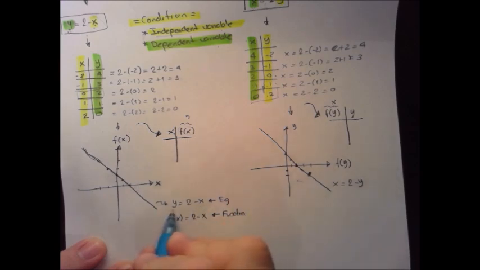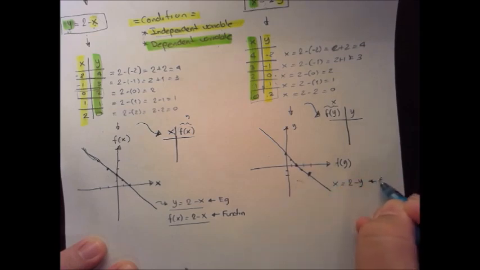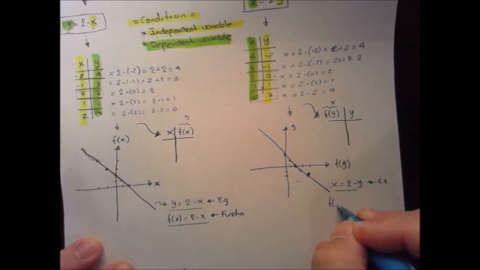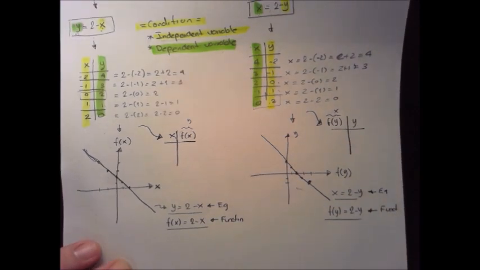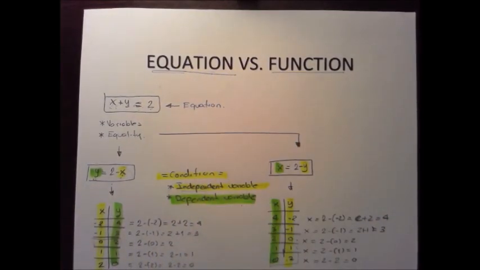This is the difference. This is equation, this is a function. Here is going to be the same. This is like an equation, okay, and this is like a function, right? So what is the difference between equation and function?